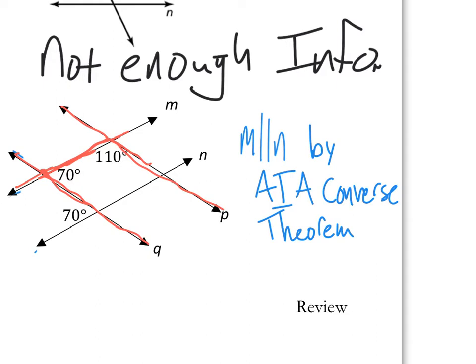So these are the interior angles. They're the same side interior angles for P and Q. And they are supplementary. 70 plus 110 is 180. That's great. So P has to be parallel to Q. And our reason here is same side interior angle converse.